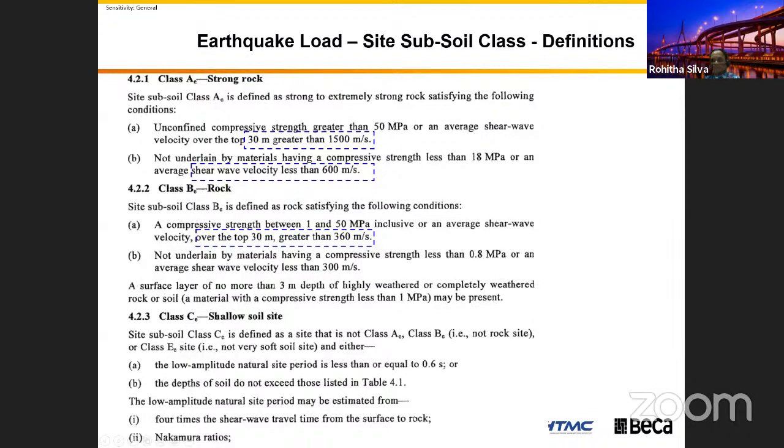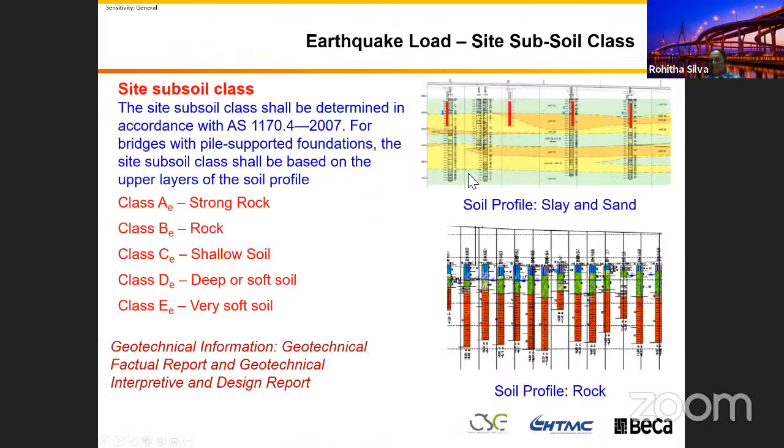So based on the geotechnical information, you can identify what sort of ground condition you have. Sometimes you might ask a question: if a bridge is 200 or 300 meters long, maybe it's okay to use the same earthquake response system.